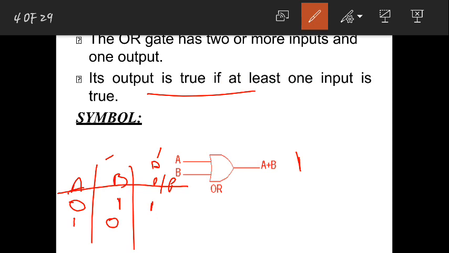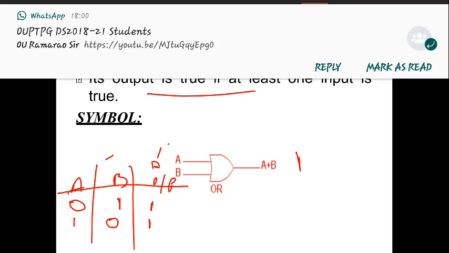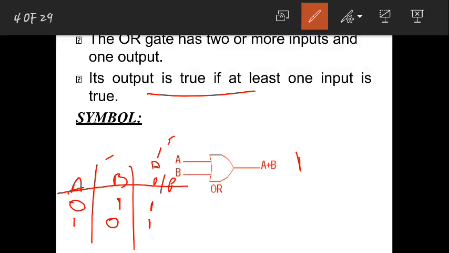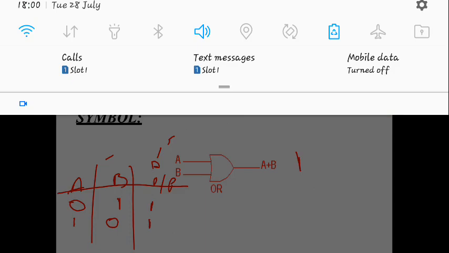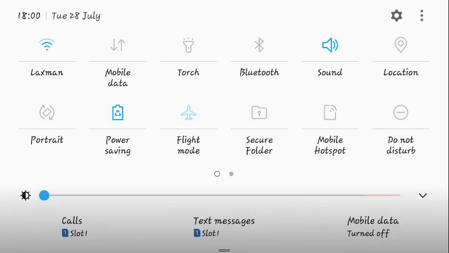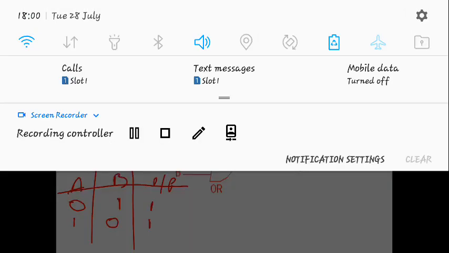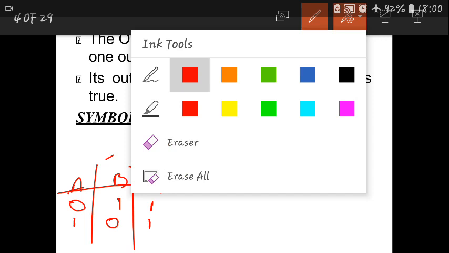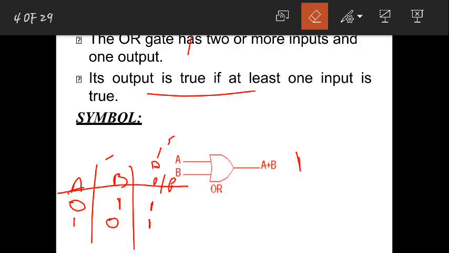Even in this case, any one input should be high, only then the output will be high. So in this case also the output will be high, because A is equal to high.